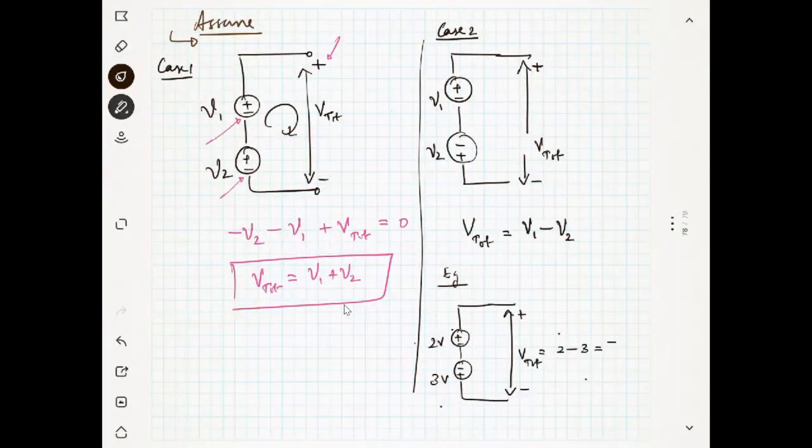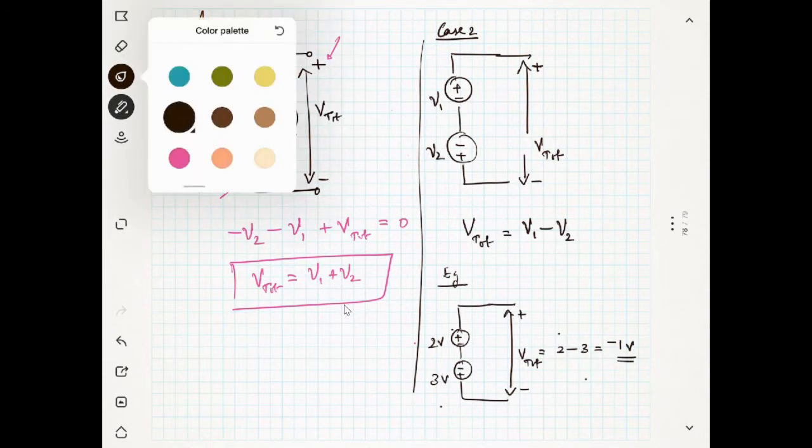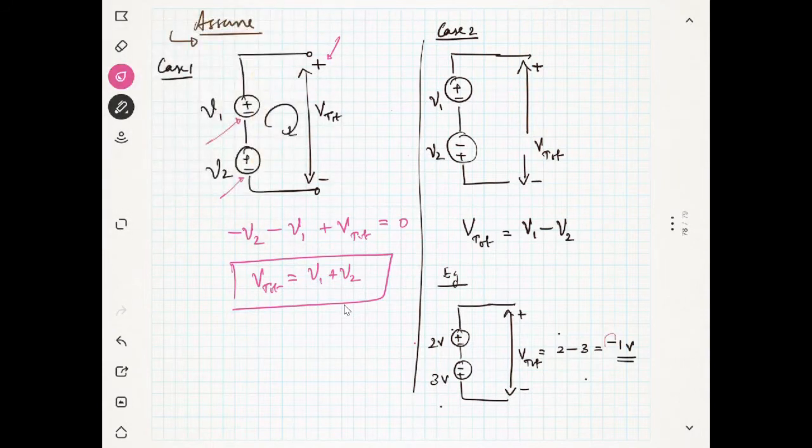I am getting minus 1 volt, right? Then what is the meaning? Since I get the minus sign here, the actual polarity is minus here, and the actual polarity here is plus. You understood the point what I'm saying? Yes, this is what I want to convey to you.